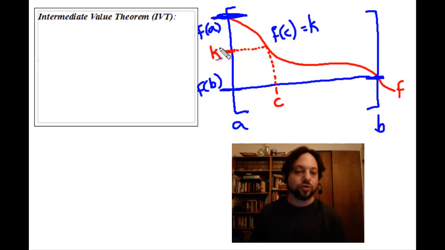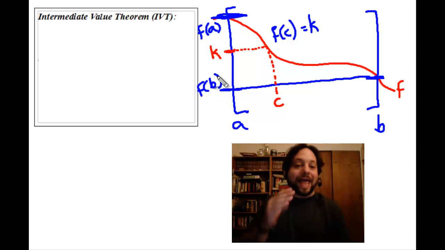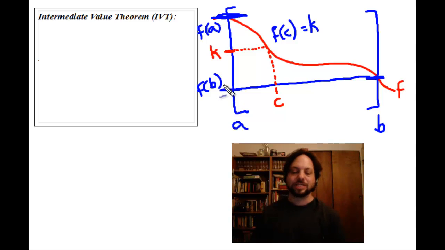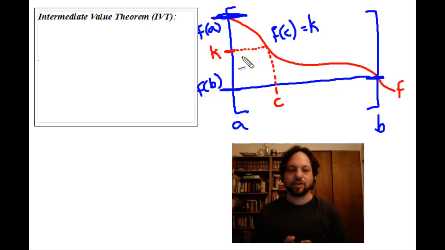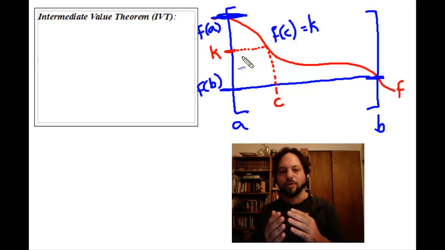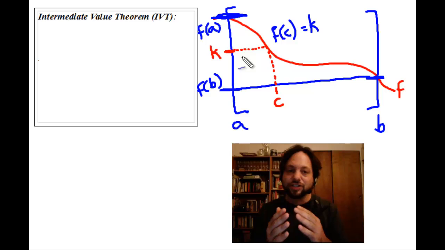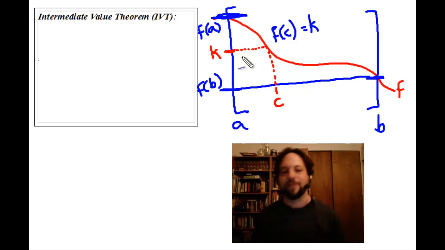In other words, if I know the y values at the beginning and end of an interval, and the function is continuous, it must pass through every y value between f of a and f of b. That's all it's saying. K is some other y value, and the theorem just says there is an x value that when I evaluate the function there, I get that y value.